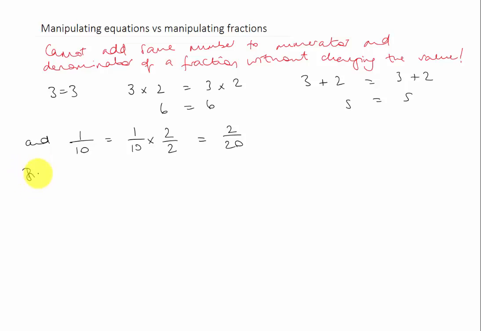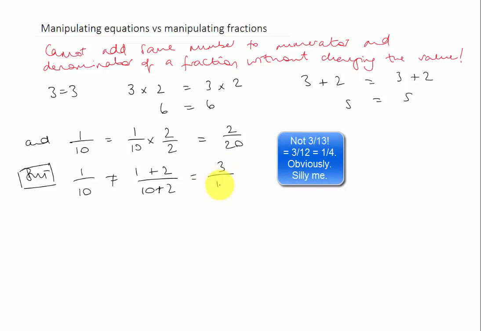Right, but however, if we got 1/10, that's not equal to 1 plus 2 over 10 plus 2. So that's equal to 3 over 13. These are not the same.